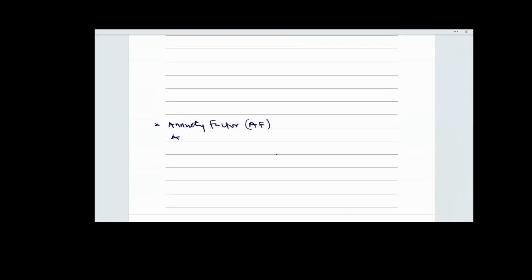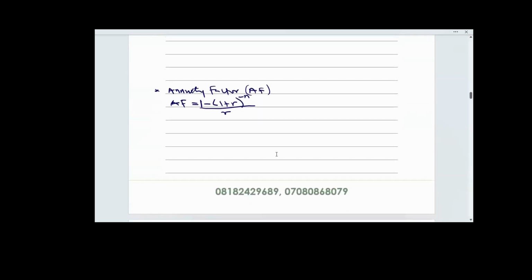You know, annuity factor is calculated as 1 minus (1 plus R) raised to power minus N, divided by R. In this case, the company's cost of capital is 15%.